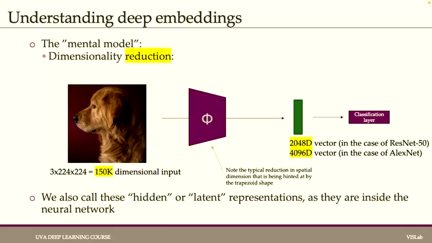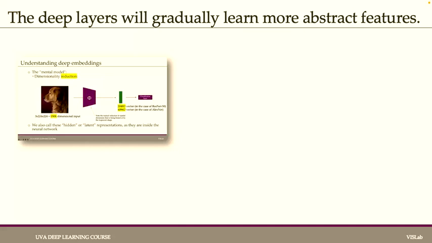But besides this one, there's a couple more. You can use any deep representation. We call them hidden or latent representations, and they are the representations which are inside of a network. So if you think about this process of going from this high dimensional input to this lower dimensional output, we need to remember that the inputs are simply raw pixel values.